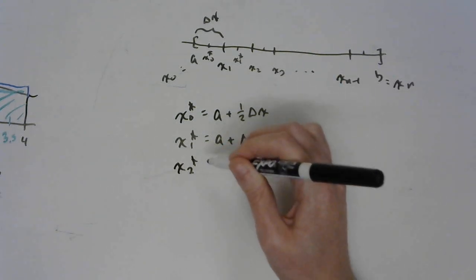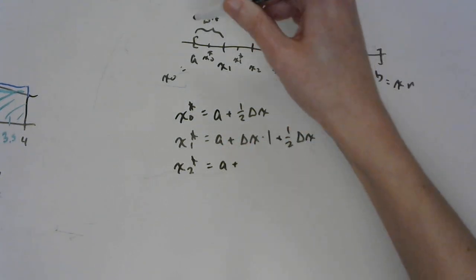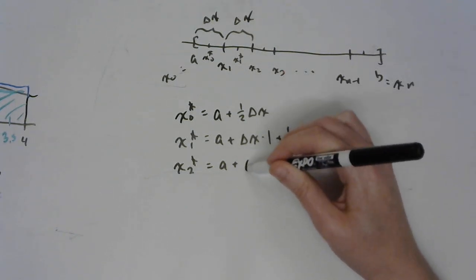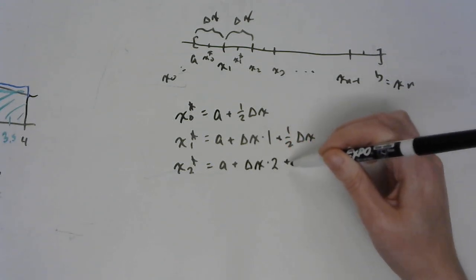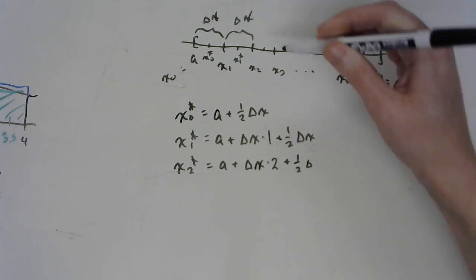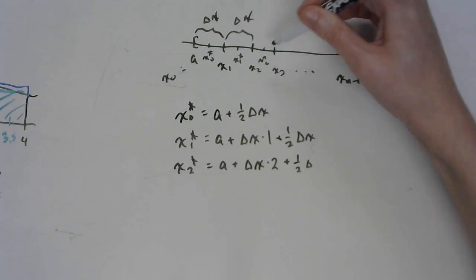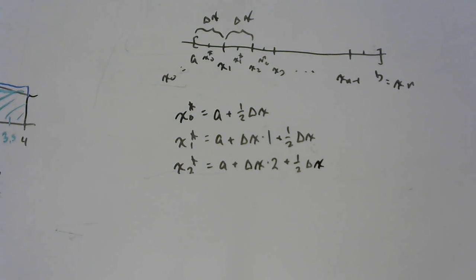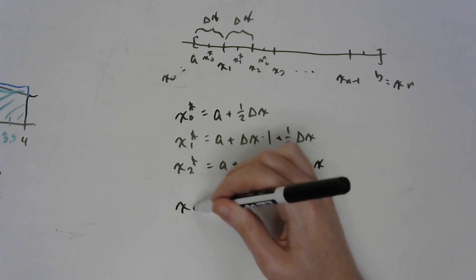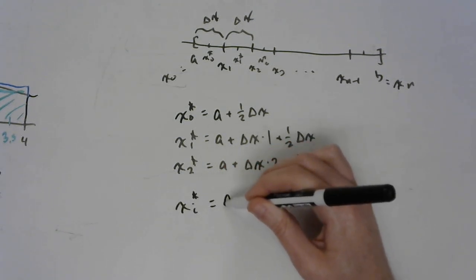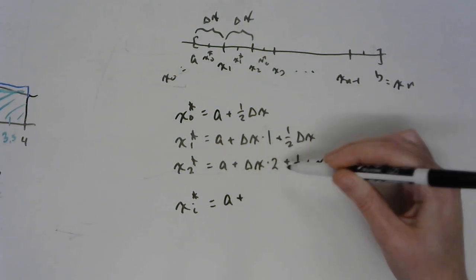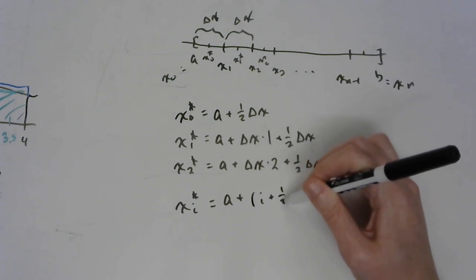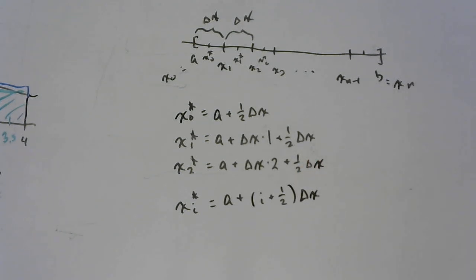For x sub 2 star, follow the same procedure: start at a, make 2 hops of length delta x to get me to x sub 2, and then add on another half hop to get me to x sub 2 star. So for a general formula for x sub i star, again, start at a. I'm going to make i hops and then another half one. I can factor that out a little bit: a plus i plus 1/2 times delta x.